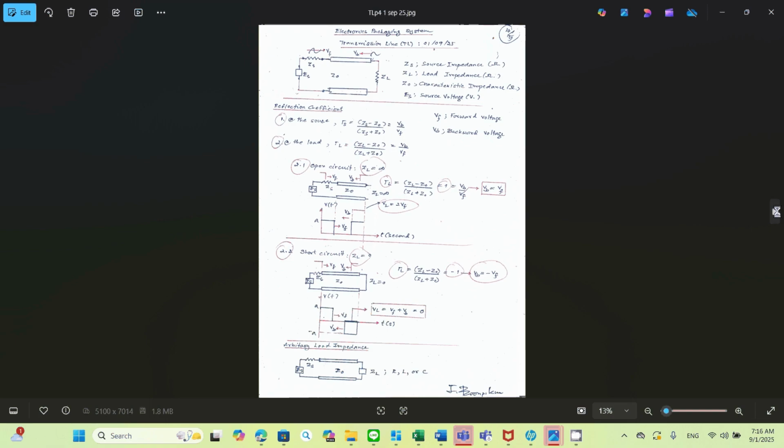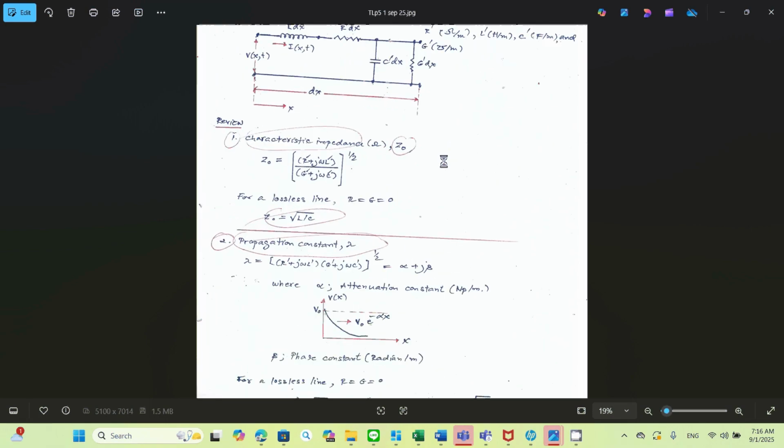That's why you need to find your characteristic impedance in terms of L prime, R prime, C prime, and G prime. That's Z0 equal to the square root of R prime plus j omega L prime divided by G prime plus j omega C prime.